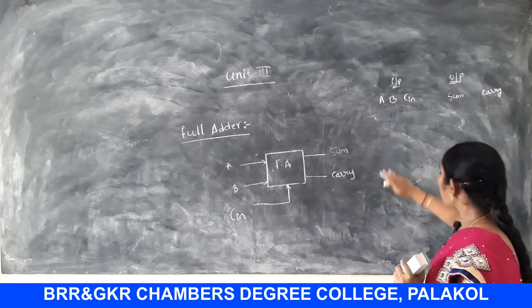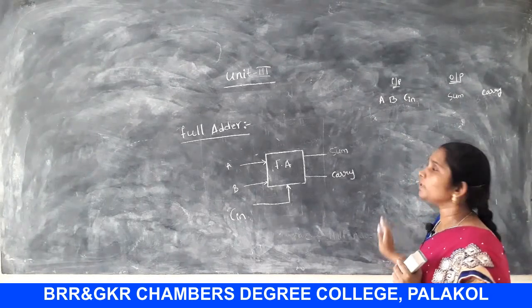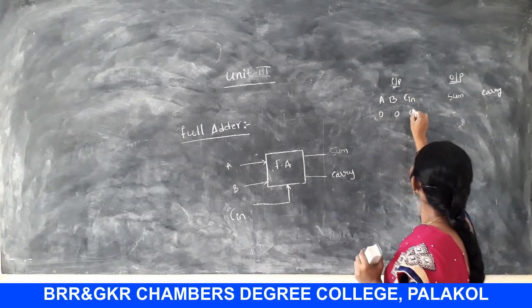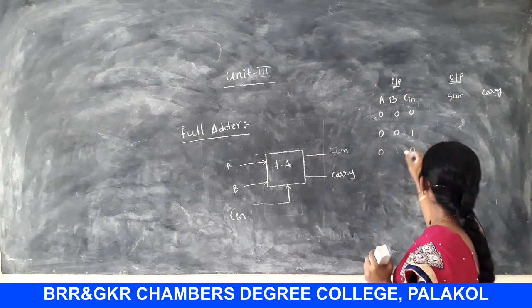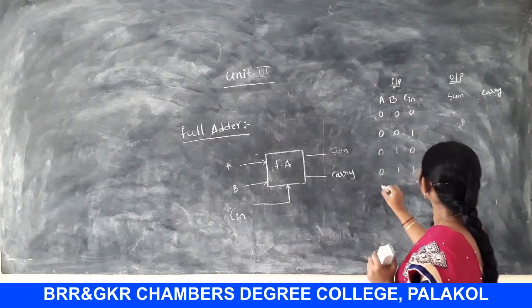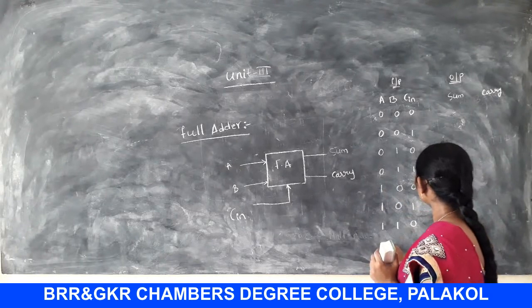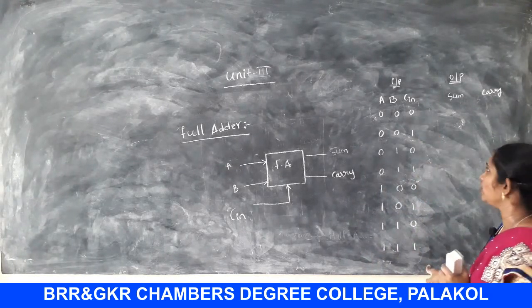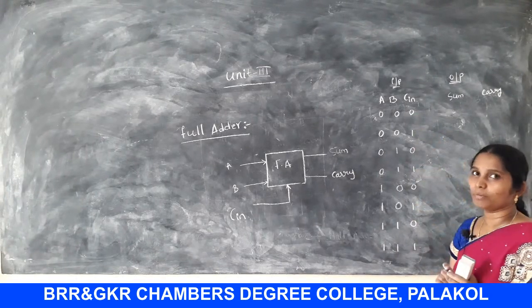Therefore how many combinations? 2 power 3, that is 2 cube, which is 8 combinations. Those 8 combinations are 0 0 0, 0 0 1, 0 1 0, 0 1 1, 1 0 0, 1 0 1, 1 1 0, and 1 1 1. So these are the 8 combinations: 1, 2, 3, 4, 5, 6, 7, 8.